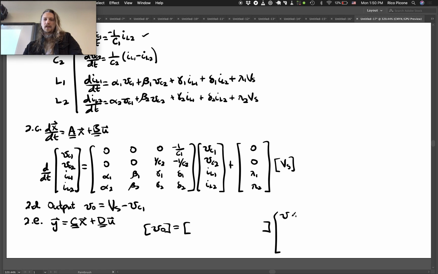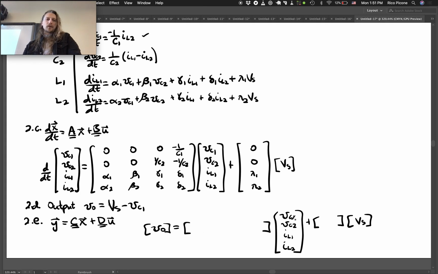And we've got VC1, VC2, IL1, IL2 as our state vector X, plus the D matrix, which has got to come out to be a 1 by, and it's multiplying the input, which is a 1 vector, so it's a 1 by 1.